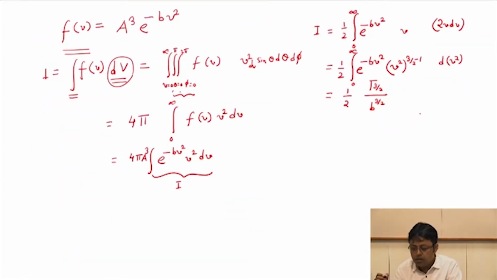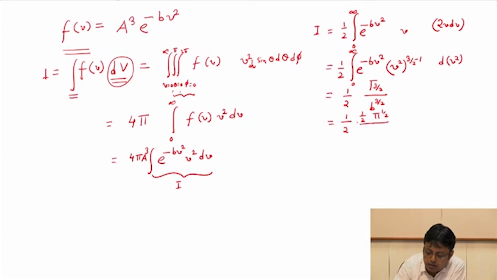In a similar token, this one will be nothing but half gamma half. We have half here, we have another half, and gamma half is root pi, divided by b to the power 3 by 2. So what we got is this half and this half gets 1/4, pi to the power half, divided by b to the power 3 by 2.